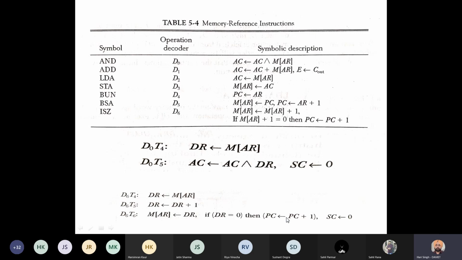Skipped means the next instruction will be executed, that is, the program counter is incremented by 1. So overall, this instruction needs 3 micro operations to complete the given task.